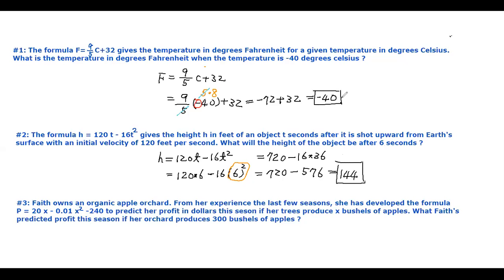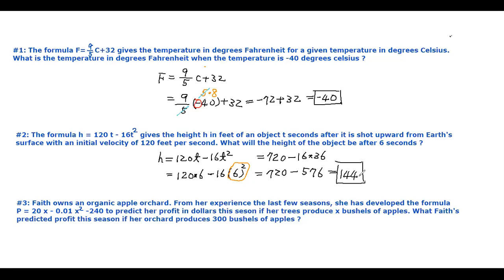So Faith owns an organic apple orchard. From her experience in the last few seasons, she developed the formula P, the profit, is 20x minus 0.01x squared minus 240, to predict her profit in dollars for this season if her trees produce x bushels of apples.